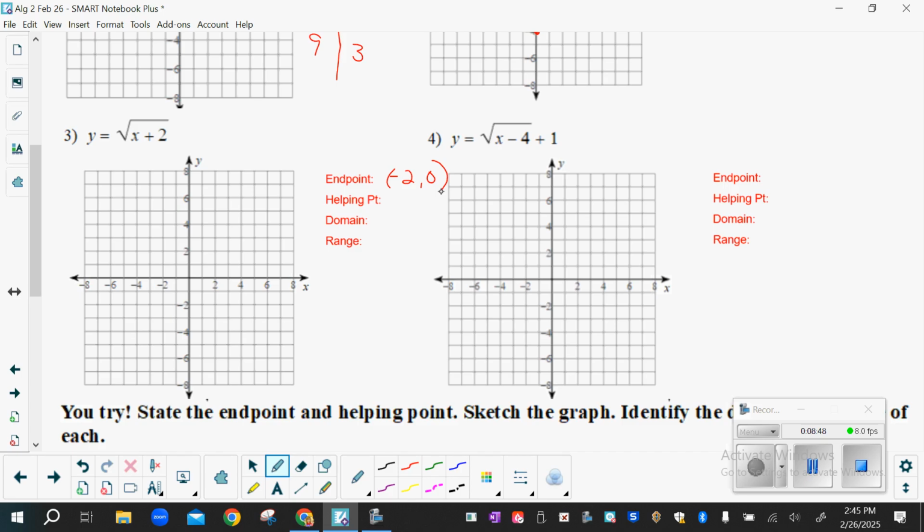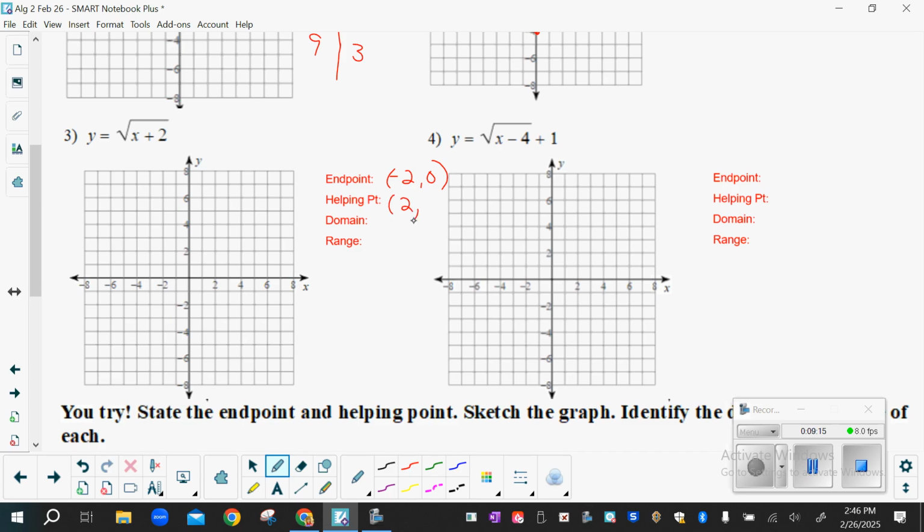And then we want to find a helping point. This one's a little harder to find a helping point. Because we already have a plus 2, I need to get a number in here that I can take the square root of. So for example, I want 4 to be my result. What would I add to 2 to get 4? 2. So my x value is going to be a 2.